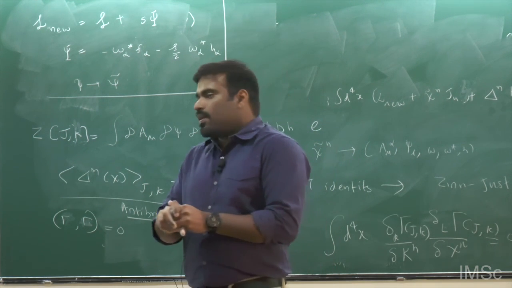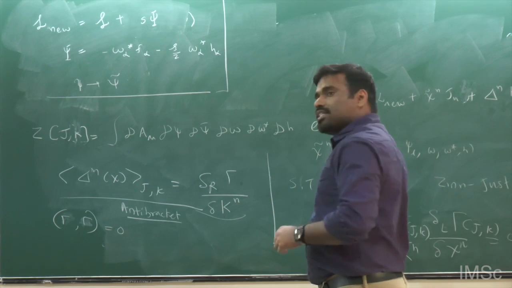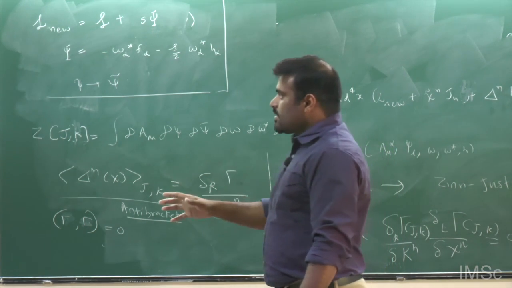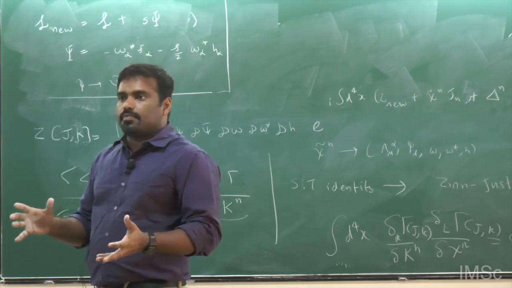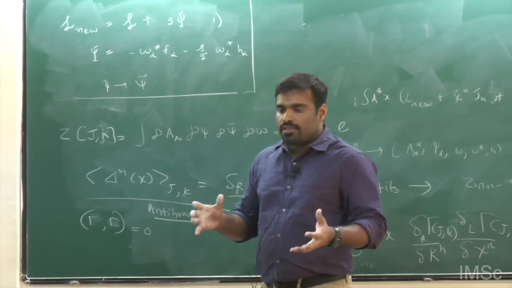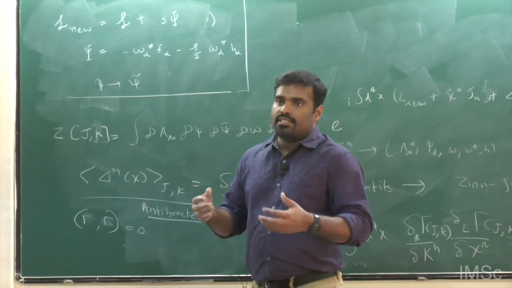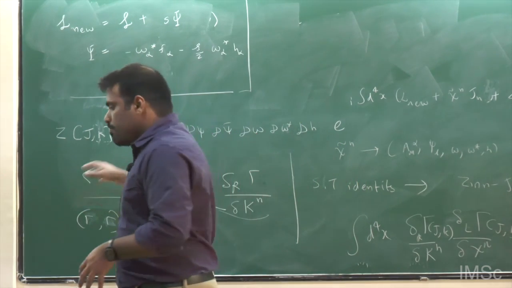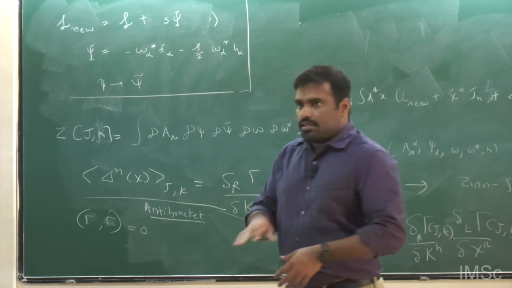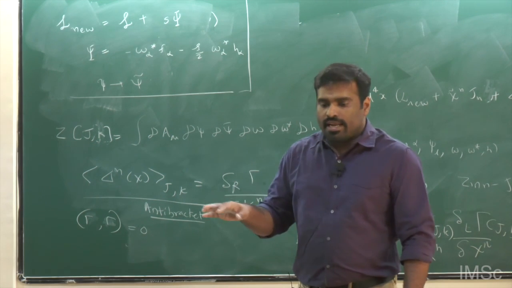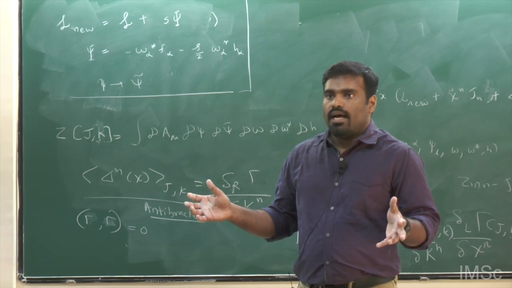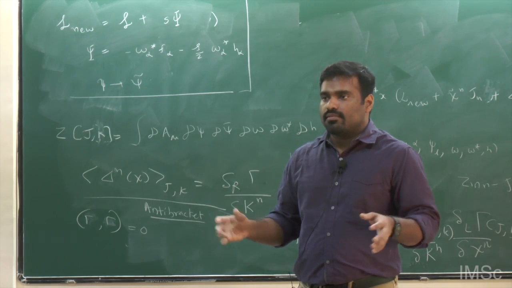What BV formalism does is start from the Sinn-Justin equation and think of BRST symmetry as a fundamental principle. Instead of starting from an unfixed classical action and then doing the gauge fixing, BV formalism starts from an action that has BRST symmetry in it, and then just quantizes it.